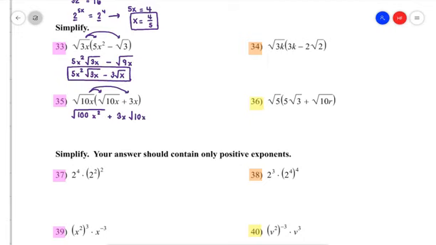So 10x stays the same. Then 10 is the square root of 100, so 10 is on the outside now. Square root of x squared is x. And 10 is 2 times 5, so it is not large enough to simplify. And x doesn't have a power on it, so it will stay the same.